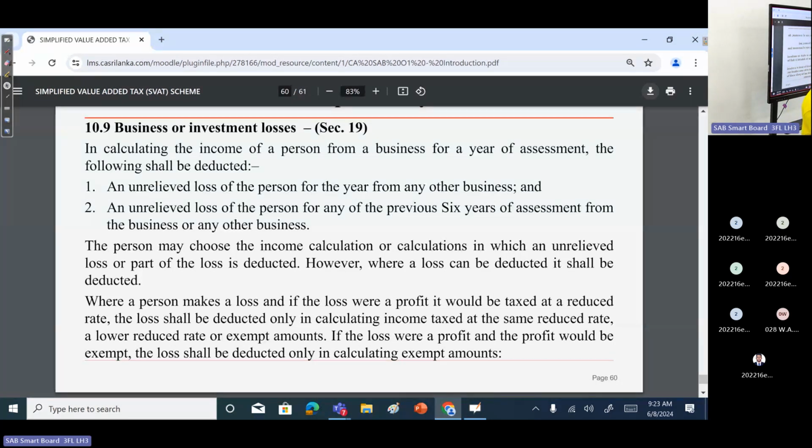Say I have two businesses. I'm doing proprietorship. I have a hotel as well as a grocery shop. There's a profit in the grocery shop. There's a loss in the hotel. I can settle that. I can deduct. Because, as I mentioned, I have only one source, that is business income. I have two businesses, but for tax purposes, it is assessable income from business.